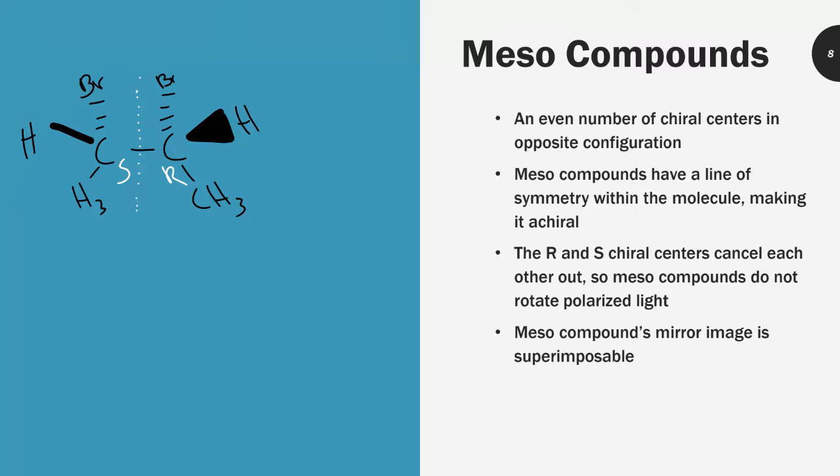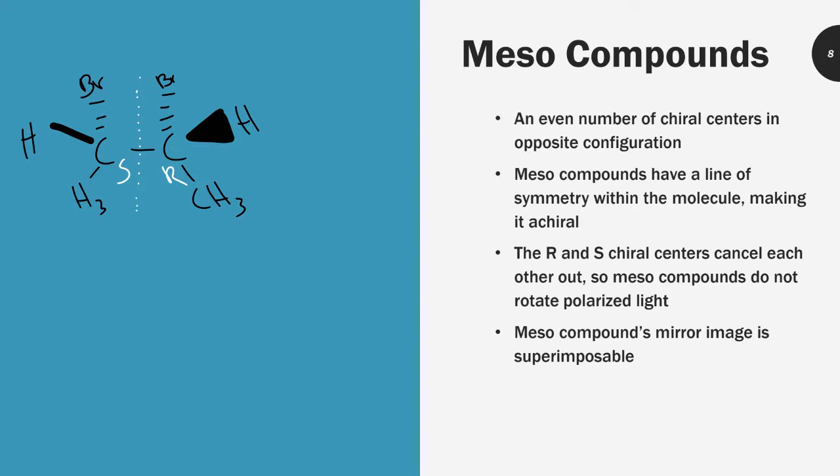So meso compounds with that line of symmetry do not rotate polarized light at all, because those two chiral centers will cancel each other out. And if you reflected this over a mirror plane, meso compounds' mirror images are superimposable, so they are the same compound.